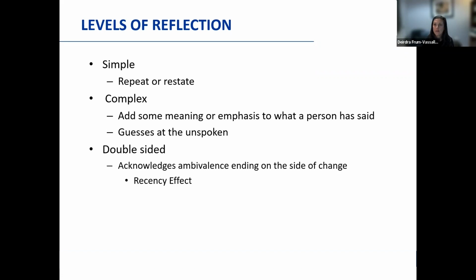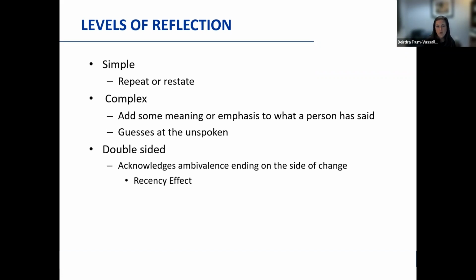A double-sided reflection is an example of a complex reflection that actually acknowledges ambivalence. So it is talking about both sides of ambivalence, but we're very careful to end on the side of change.